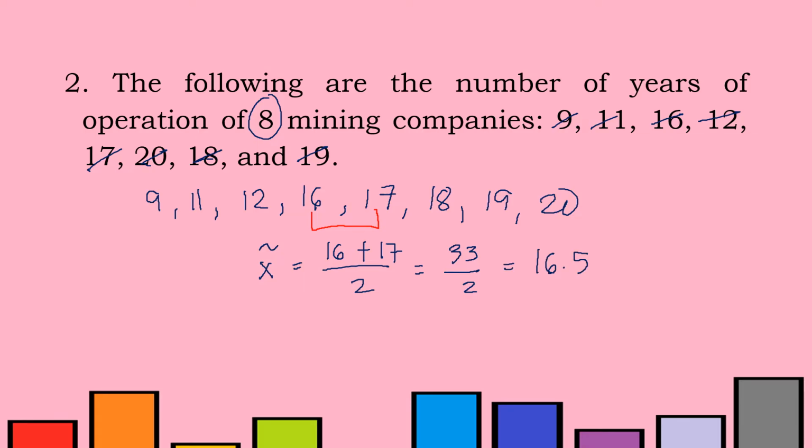So therefore, the median of the number of years of operations of 8 mining companies is 16.5. Or in mathematical term, x curve is equal to 16.5. So that is how to compute the median of the ungrouped data.